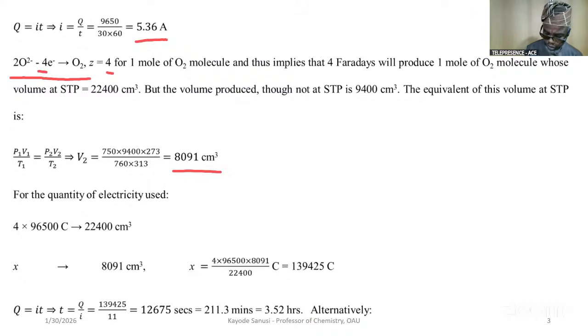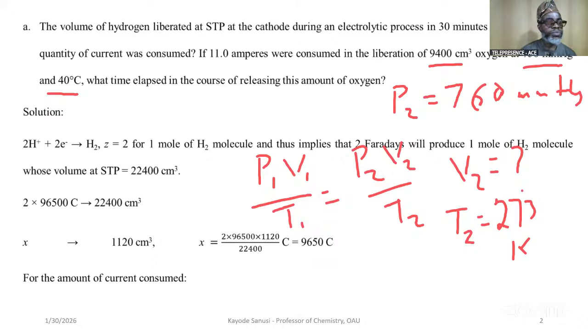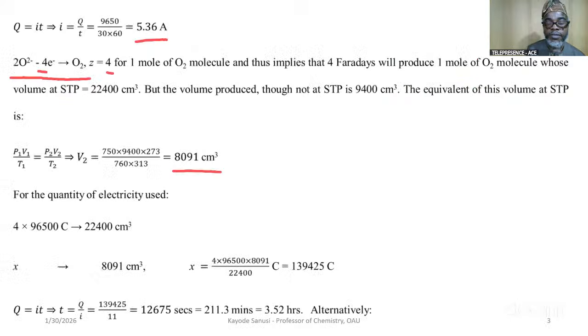Now, going back to the question, what time elapsed in the course of releasing this amount of oxygen? So we go back to the relationship. 4 Faraday will be required to produce 1 mole of oxygen, and the volume of 1 mole of oxygen is 22,400.